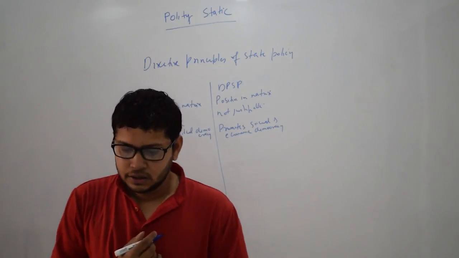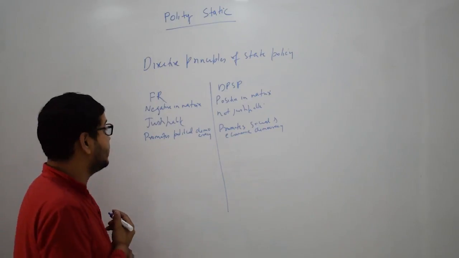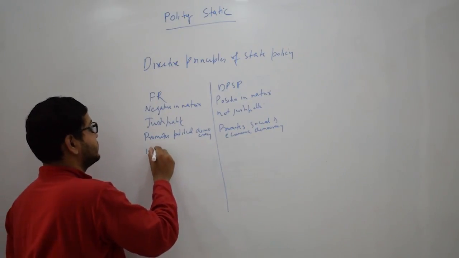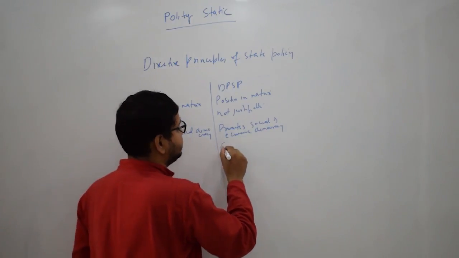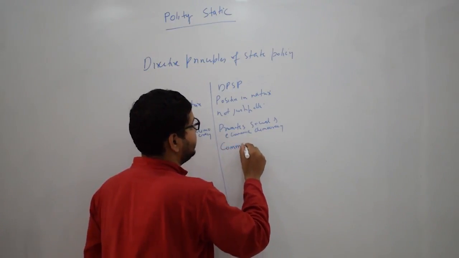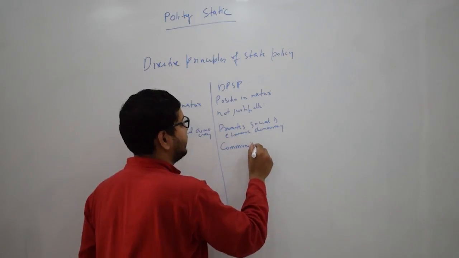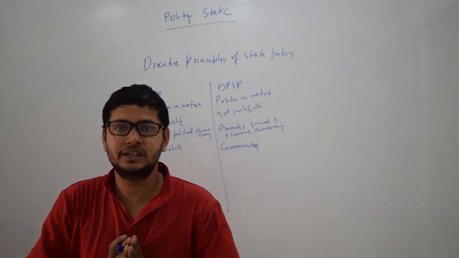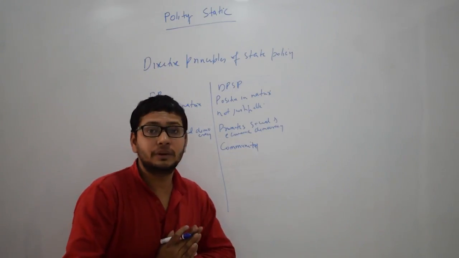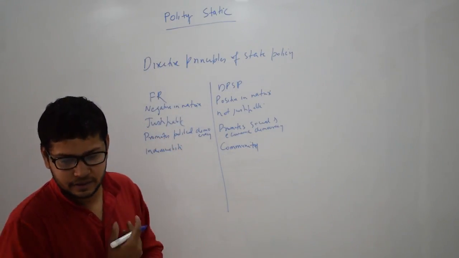Next, fundamental rights are individualistic, they deal with individuals, while DPSP is community oriented, right? It talks about minimizing inequality in society, equal pay between men and women, talks of community things.